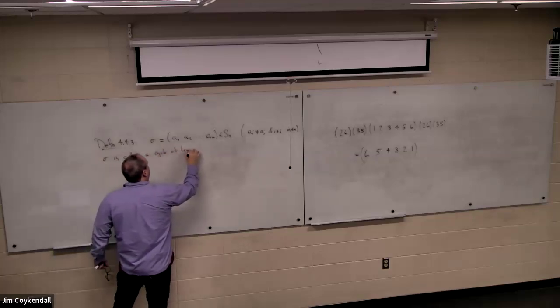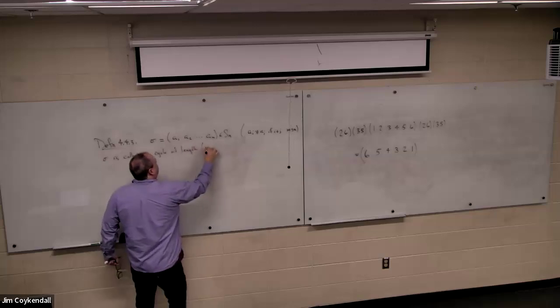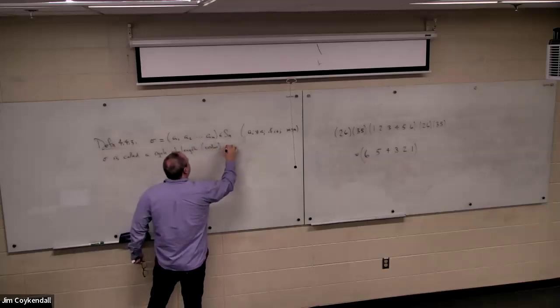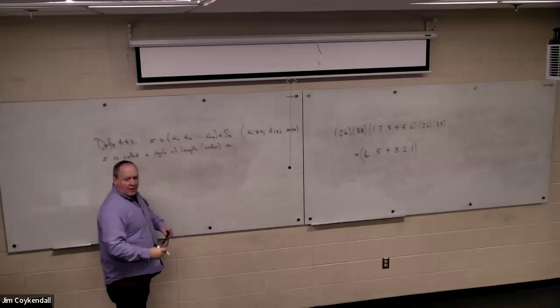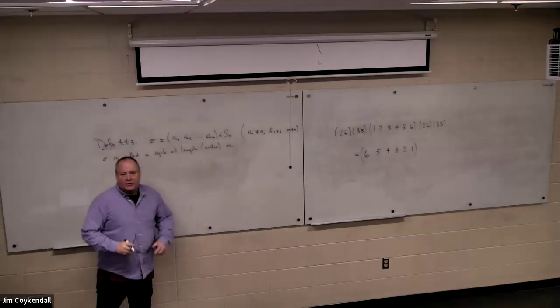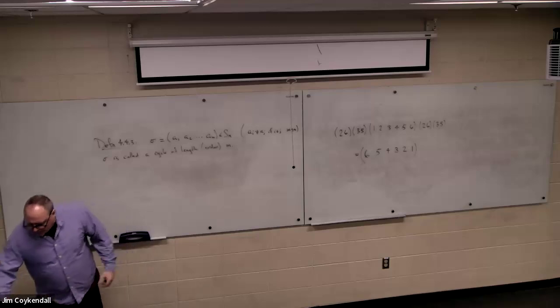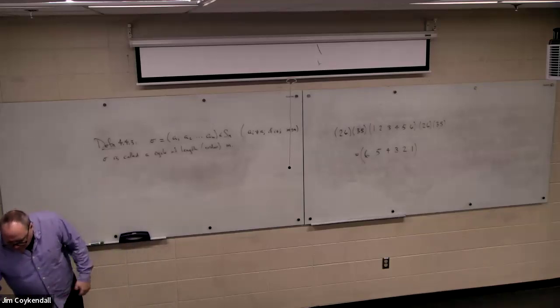of length M, and sometimes of order M. So sometimes we might call this an M-cycle because it's a single cycle, right? There's a single group of numbers in parentheses and no repetitions here.